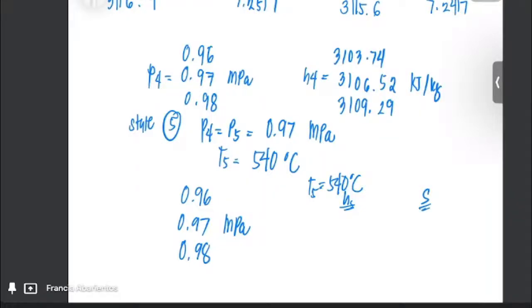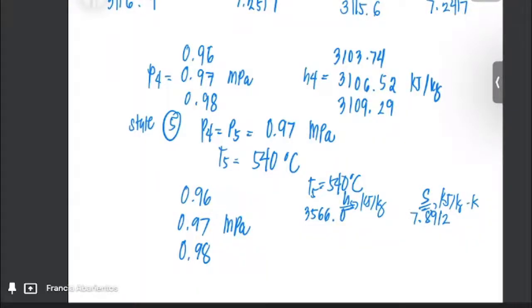Sa 0.96, yung at 540, dito sa baba, we have 3566, and the entropy is 7.8912 kJ/kg·K.